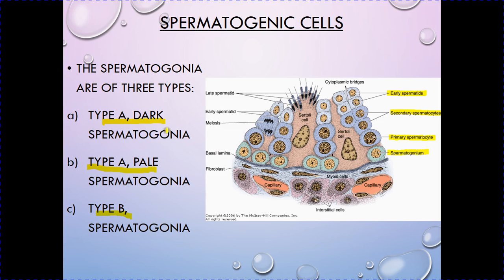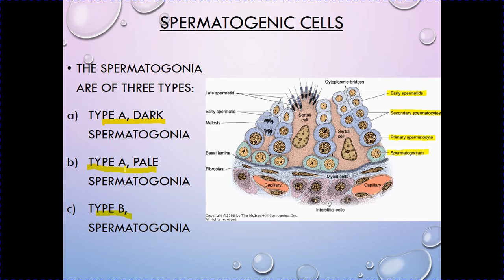Type A dark spermatogonia are called dark because their nucleus is darkly staining. They divide to form type A pale spermatogonia, which have a lightly staining nucleus. Type B spermatogonia have a dark staining nucleus.